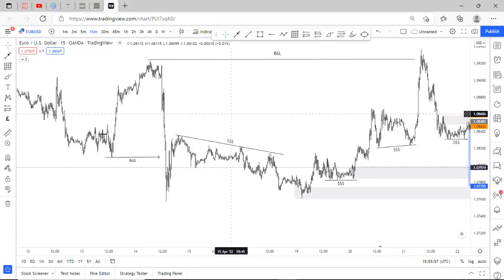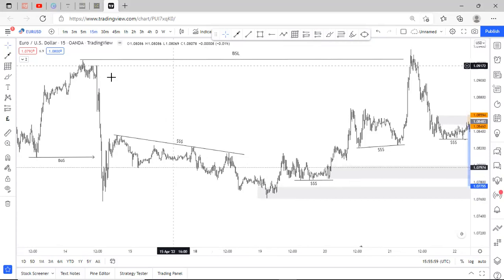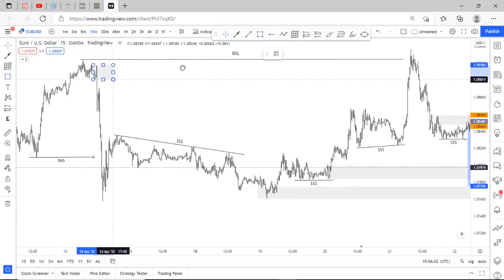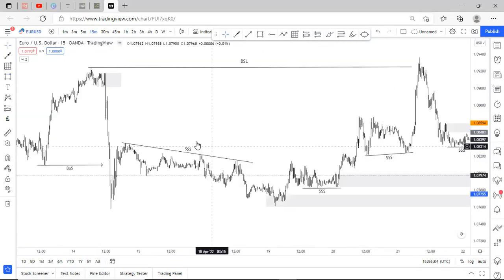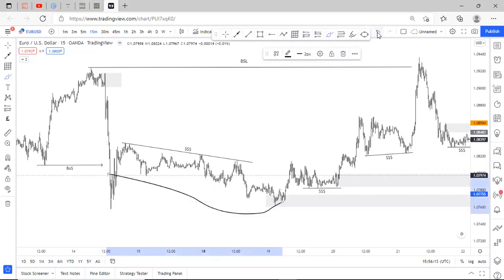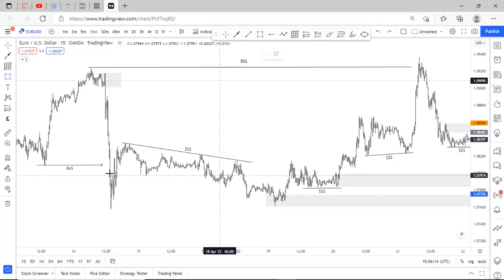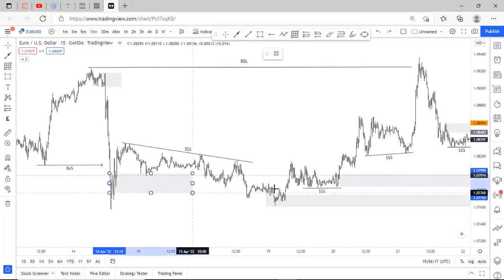I also spotted all this imbalance and an unmitigated supply zone right here. So I was like, okay, I can see liquidity in the market, so definitely the institutions are going to come into the market at this demand area. Sorry about that. At this level right here, we had this demand zone.